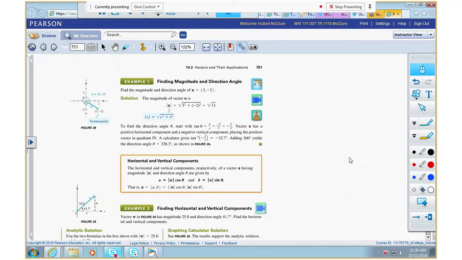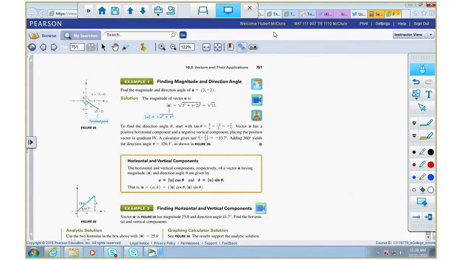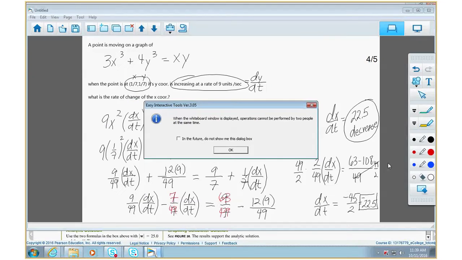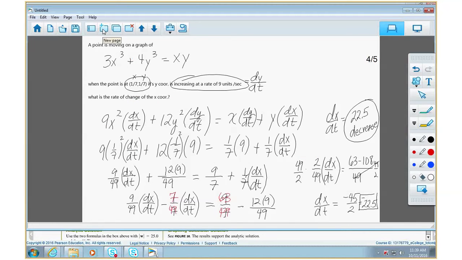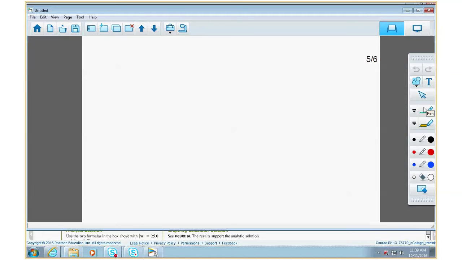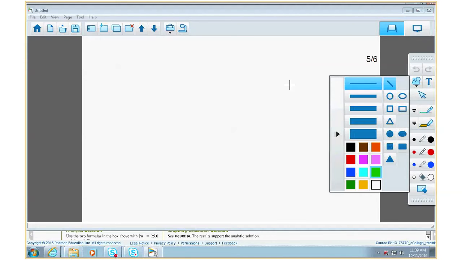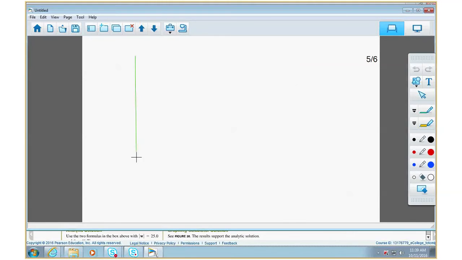All right, here's an example. They give you a vector of (3, negative 2). So you draw your straight lines.